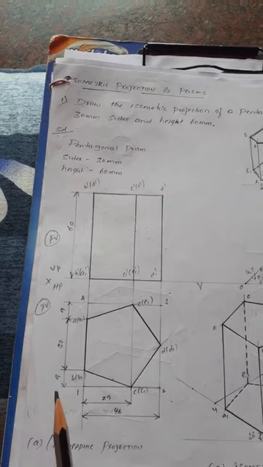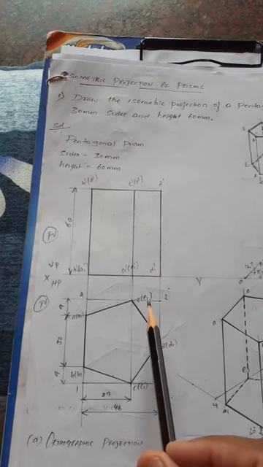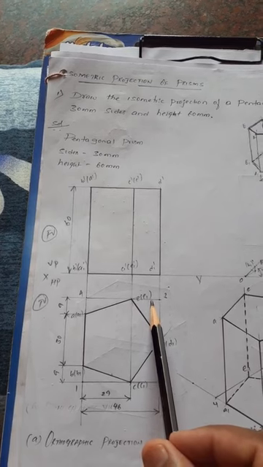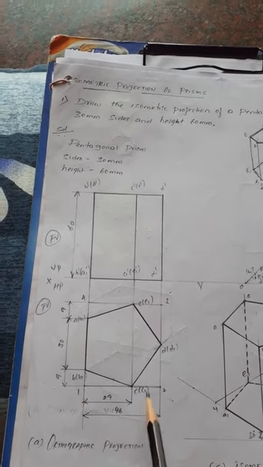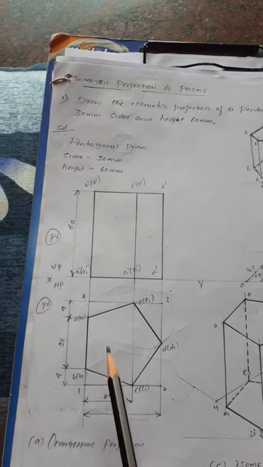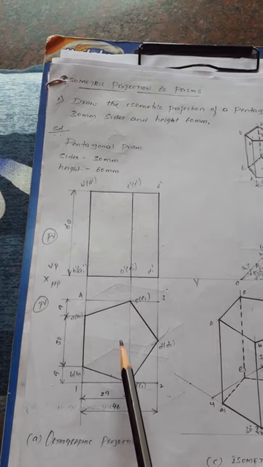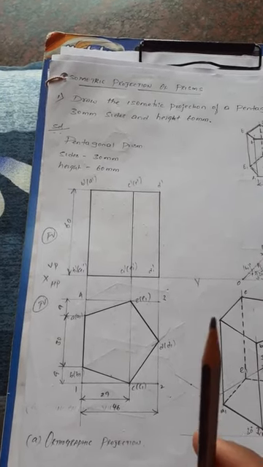Now the bottom face corners A1, B1, C1, D1, E1 are invisible, so I kept them in brackets. A, B, C, D, E are the top face corners, which are visible. Here the center of the prism is not required. If you want, you can also construct the center of the prism.